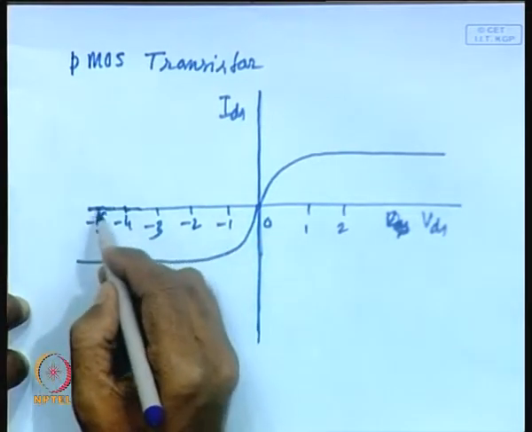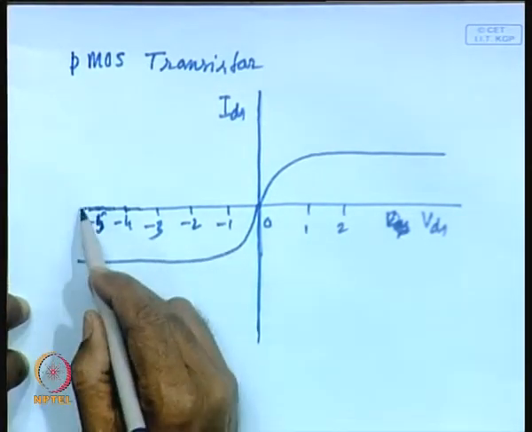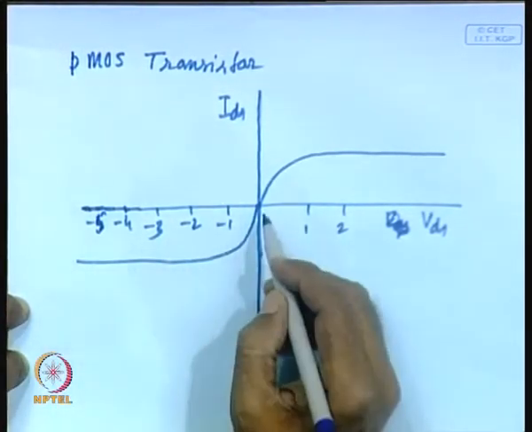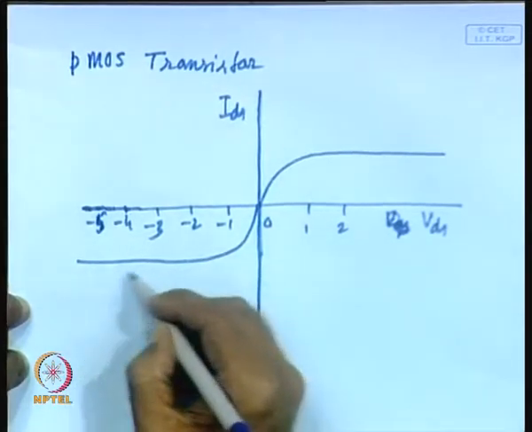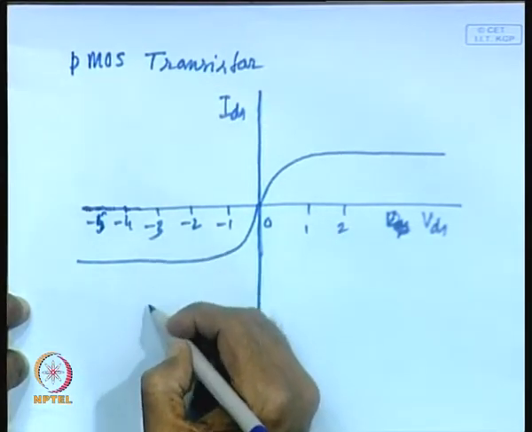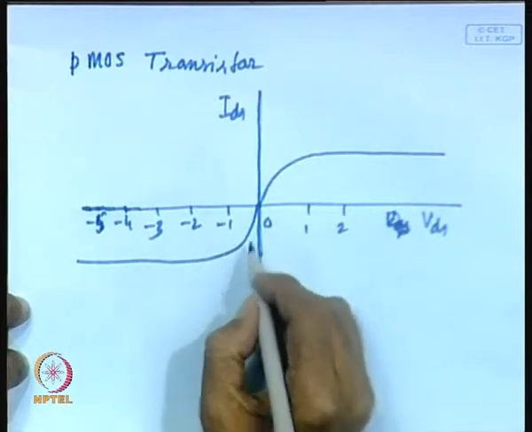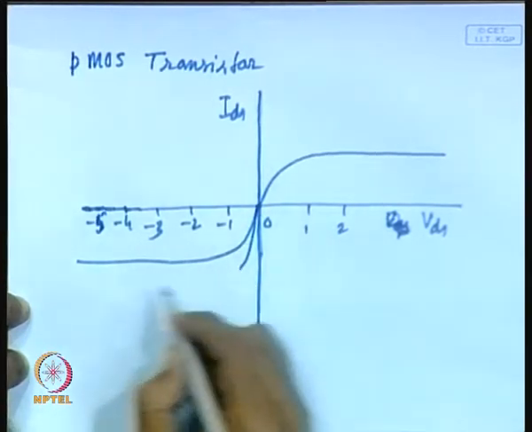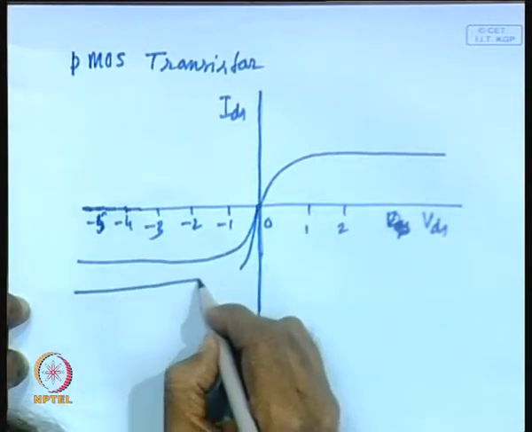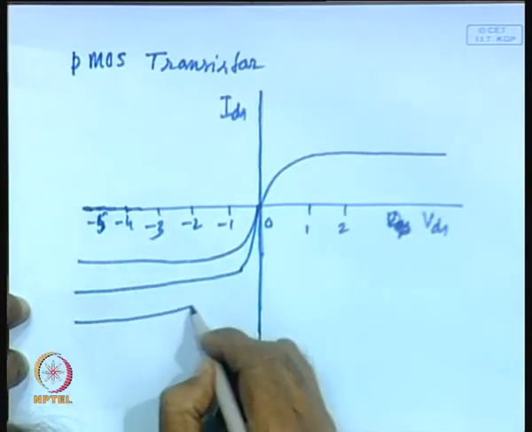That means, you will apply negative voltage to the drain with respect to source, and current will flow in the opposite direction, and these are for different gate voltages, and more negative curves correspond to more negative gate voltages.